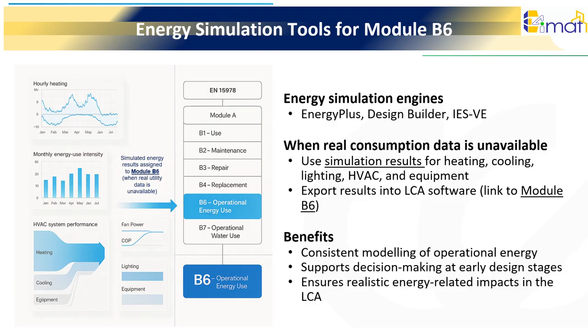The simulation outputs can then be exported to the LCA platform and assigned directly to Module B6, ensuring that operational energy impacts are captured in a consistent and realistic way. This approach allows the LCA to reflect credible energy use scenarios, even long before the building is constructed or occupied.